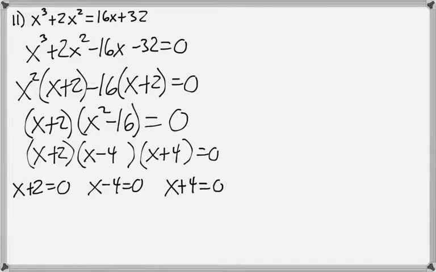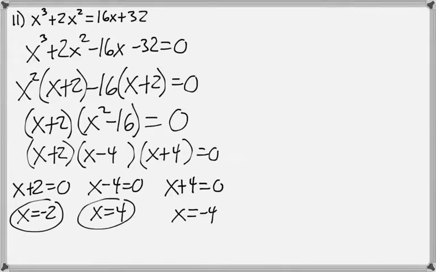So x plus 2 is equal to 0. If I move the 2, it's going to be x is equal to negative 2, x is equal to 4, and x is equal to negative 4. So these would be my 3 answers.